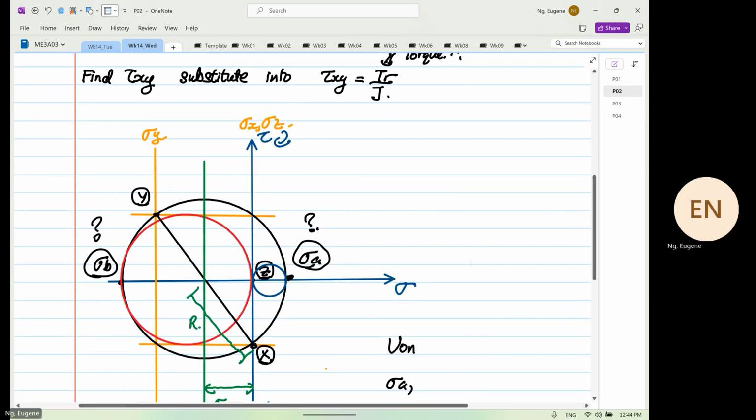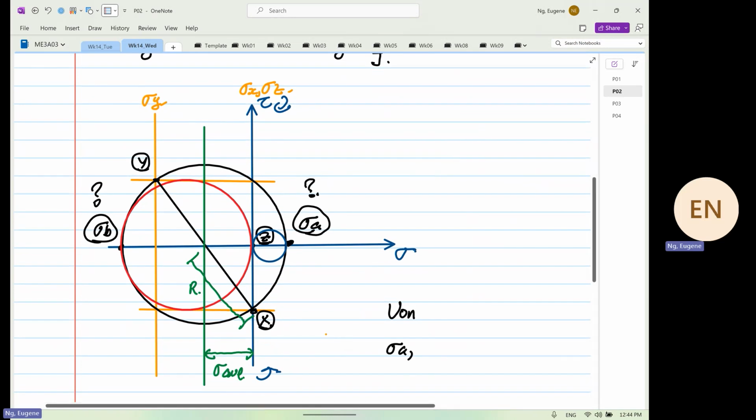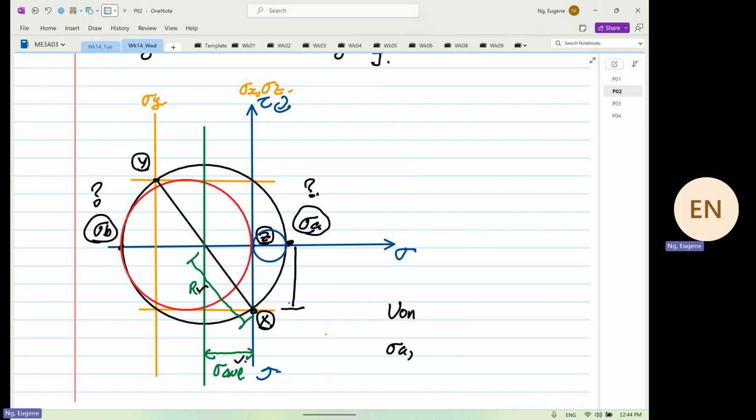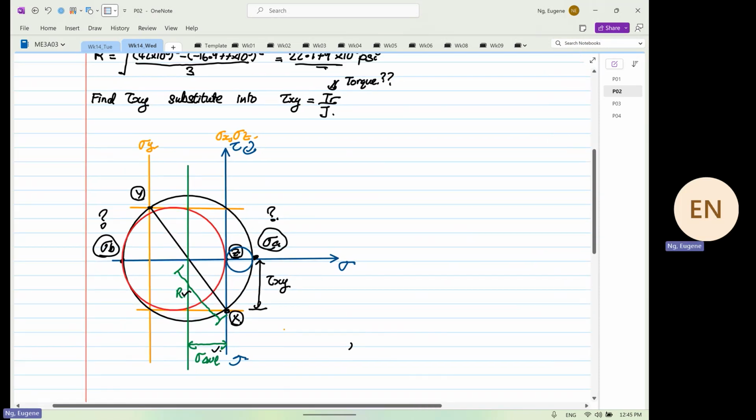We know our radius, we also know our stress average. The next thing we are going to determine is our shear XY from here. Does that make sense? So that's the flow.